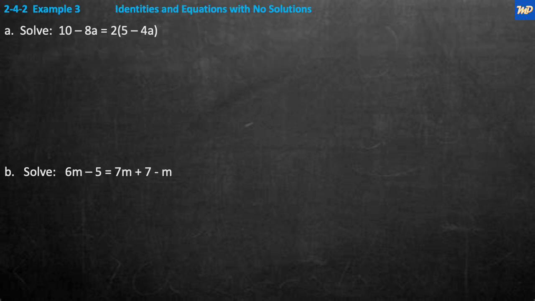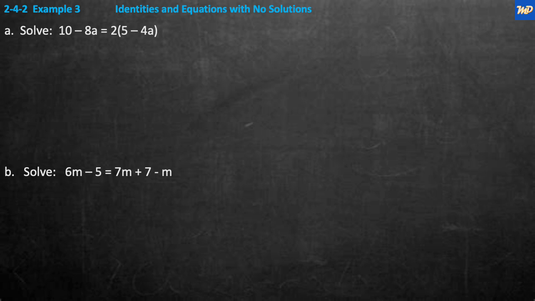Okay, example 3, identities and equations with no solutions. So what we're going to find out here is we're probably going to see one of each. In doing so, we want to see which one is the identity and which one has no solution.